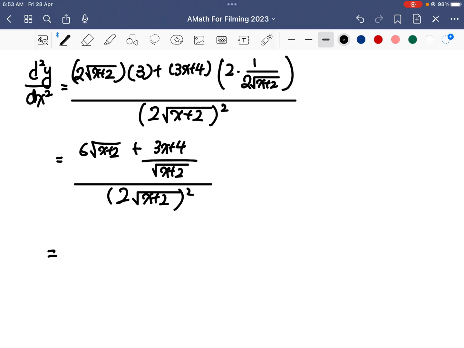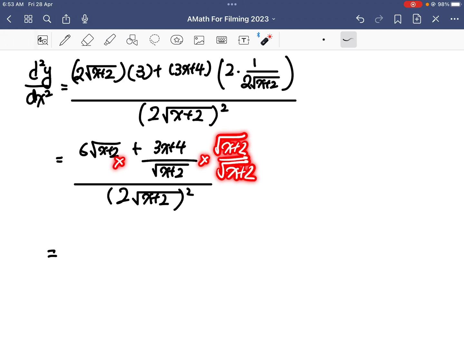In order to simplify the numerator, I multiply this term by root x plus 2 over root x plus 2, so that I can resolve the square root in the denominator of the numerator.